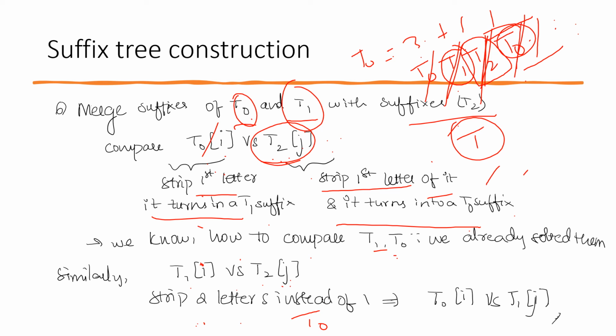So I'll have to compare T0 of i versus T1 of j. This comparison I already know, since we made the T0 and T1 comparison. Finally, I'll be able to merge all this.